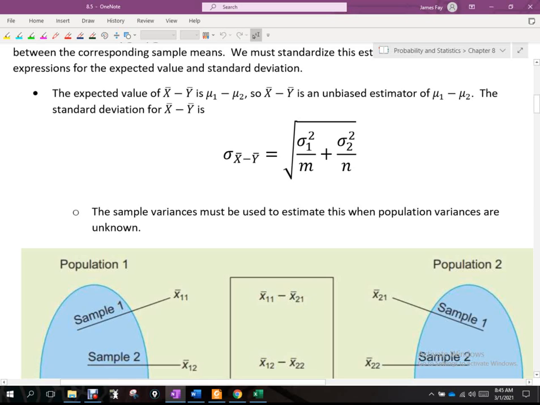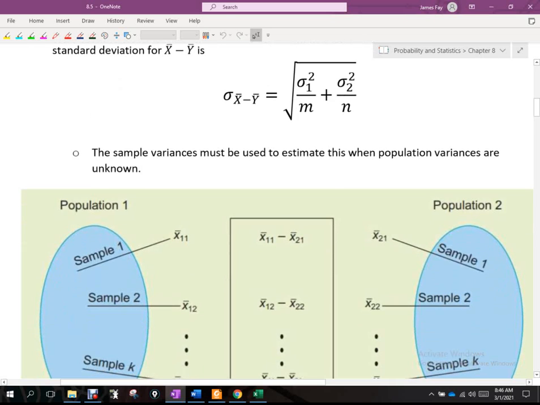The sample variance is a great estimator for the population variance. Or I look at that as standard deviation, and then we'll square that to get the variance. So that could be sigma or that could be S. The sample variances must be used to estimate this when the population variances are unknown. That's what that bullet is talking about.